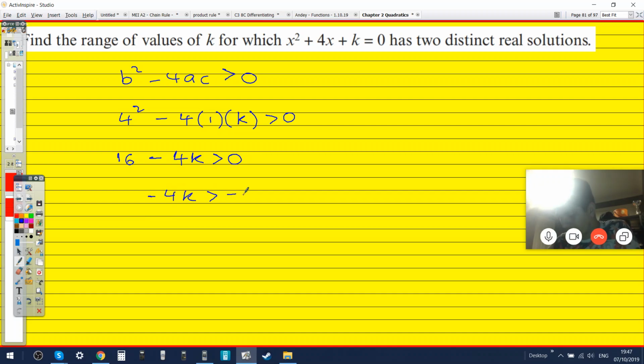And do I just need to do k is greater than minus 16 divided by minus 4? And what would that be? 4.